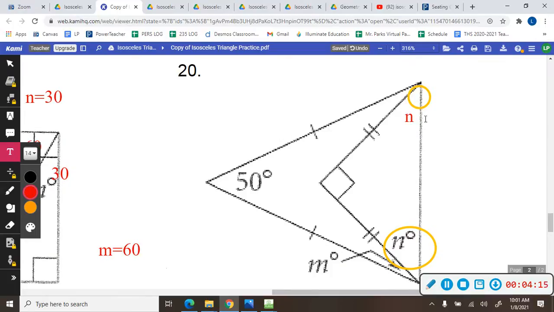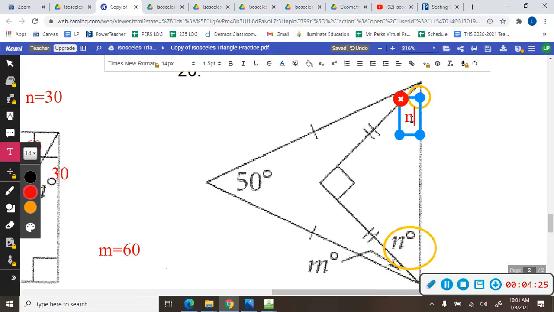So if I think about it, if this is 90, and those have to be the same, 180 minus 90 is 90, so then that would have to be 45. So I found n is 45.